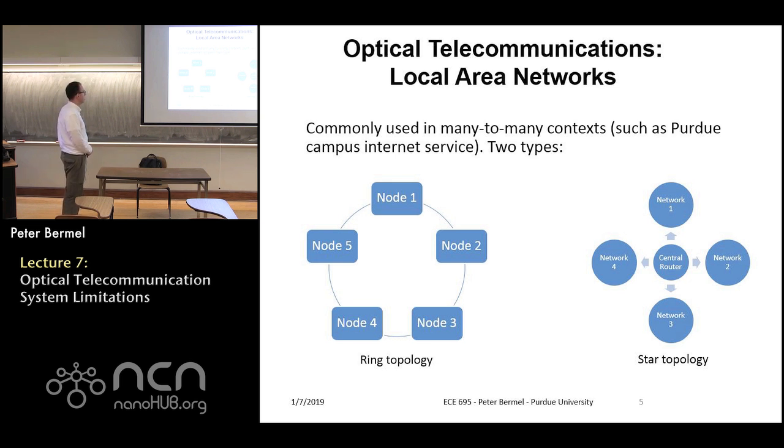The first topology on the left is called a ring topology. As you can see from the illustration, all the users are on this ring, and they can put information onto the ring, and then it goes around to the other nodes.